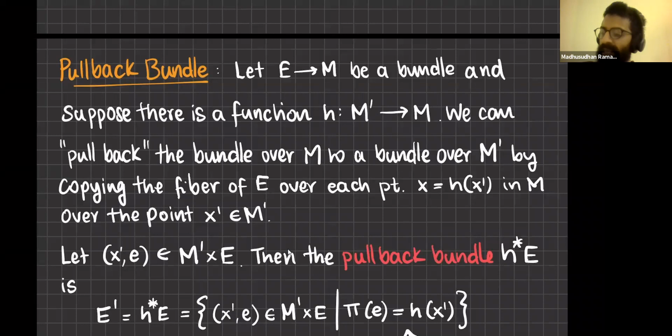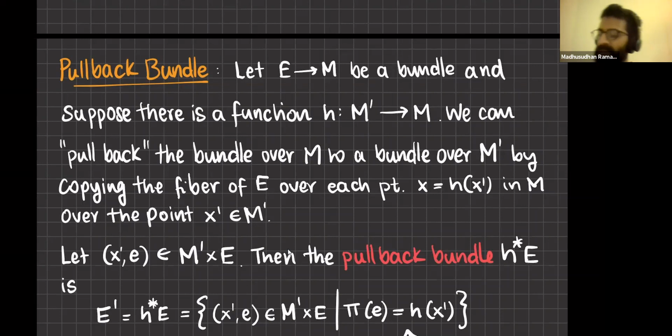Let's consider a fiber bundle E over M. I've written pi over here, there's a projection pi. So this is a fiber bundle, and let's suppose that there is a function H, which maps a base manifold M prime to the manifold M. The idea of a pullback bundle is that we can pull the bundle structure over M back, using the function H, to a bundle over M prime.